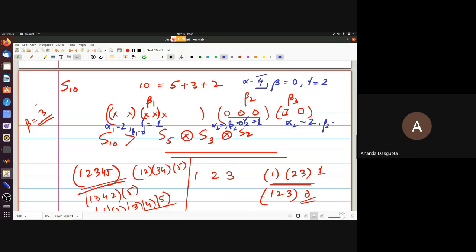So that actually is the only way the 4, 0, 2 can split up. There's only one possible combination of alpha 1, beta 1, gamma 1, alpha 2, beta 2, gamma 2, and alpha 3, beta 3, gamma 3. Is this clear to everybody?